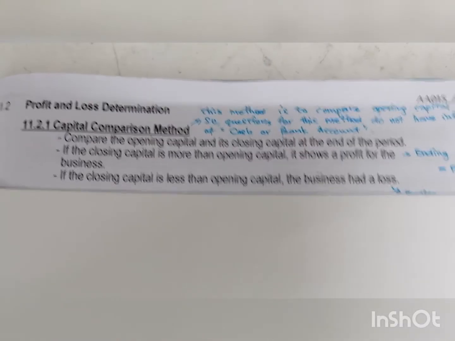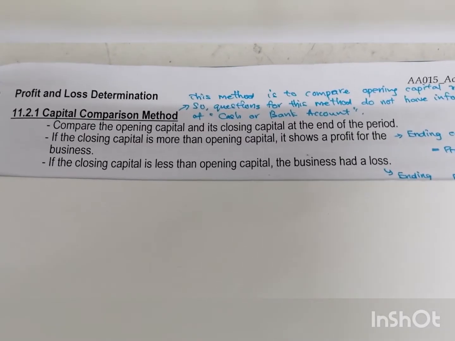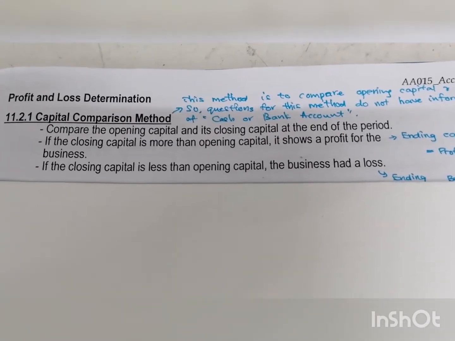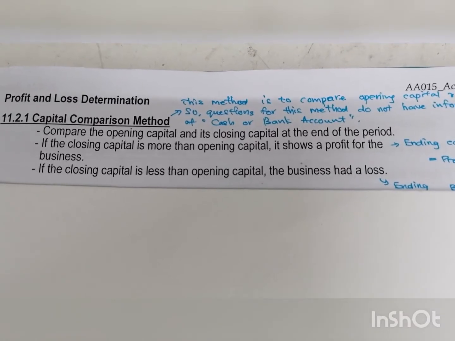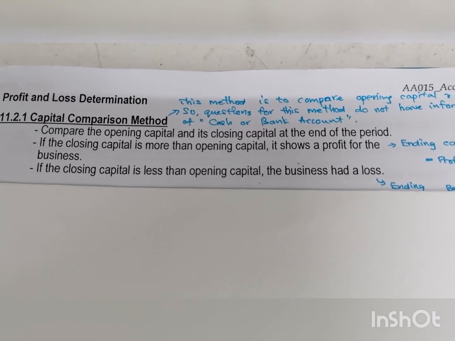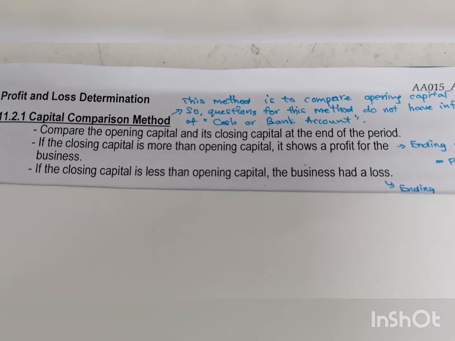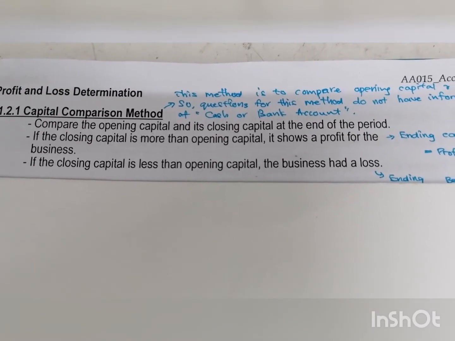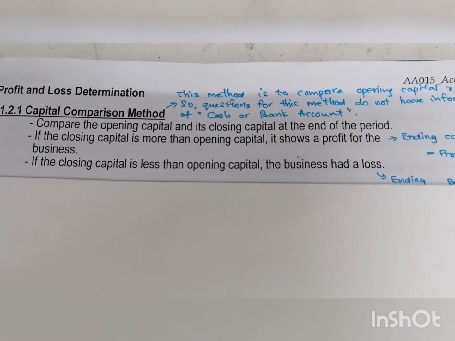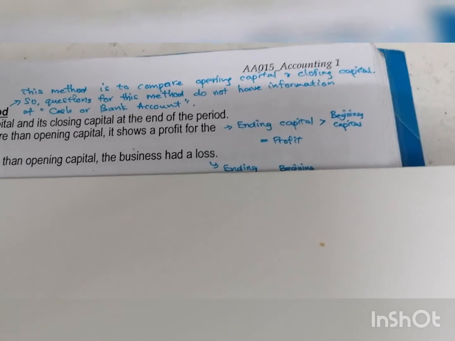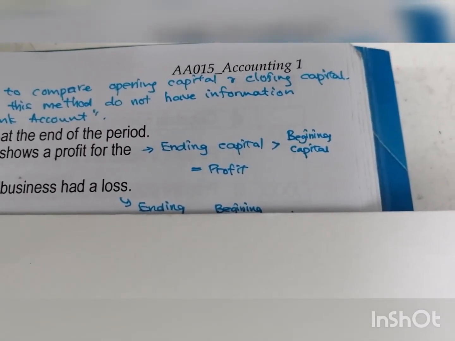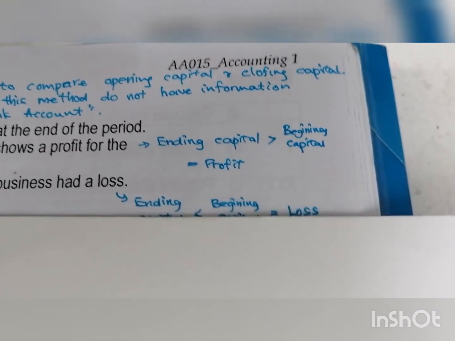So let's see what the capital comparison method is. This is to compare the opening capital and its closing capital at the end of the accounting period, and if the closing capital is more than opening capital, it shows that there is a profit for the business. It means here, if ending capital is greater than the beginning capital, we get the profit.